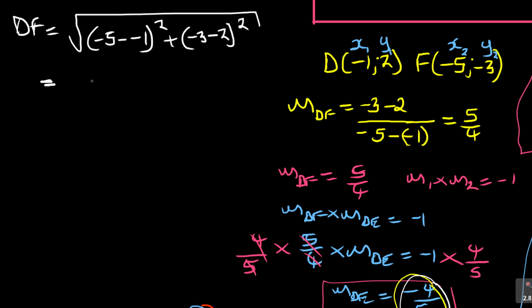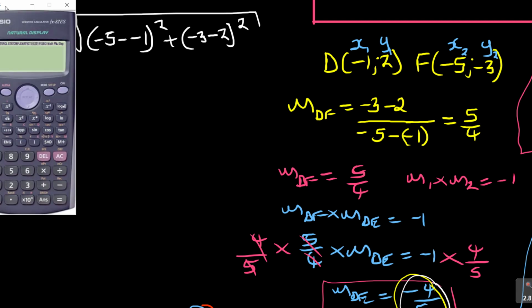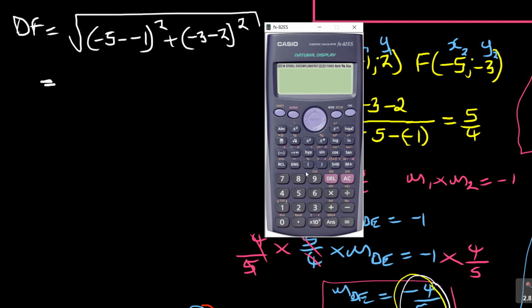You can use a calculator. The calculator will just solve this for you. You don't have to stress yourself. You just punch this straight into the calculator, and it will do everything. So it will be the square root of bracket negative 5 minus negative 1, squared, plus negative 3 minus 2, squared, equal to, say, 41.